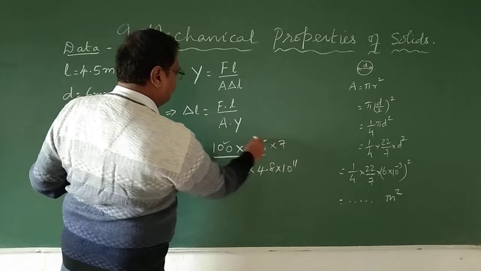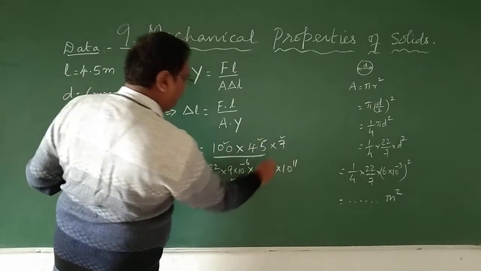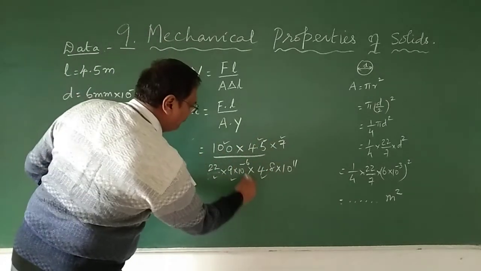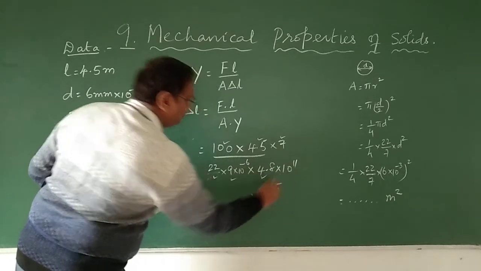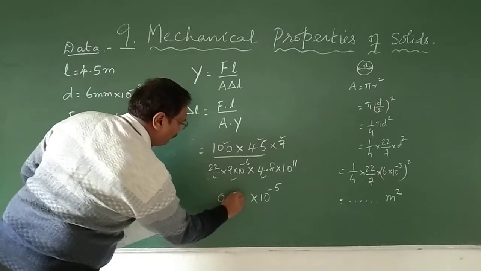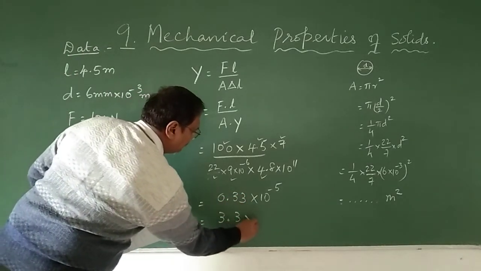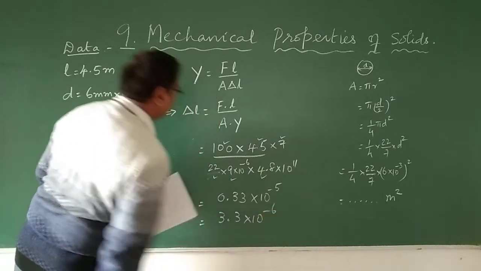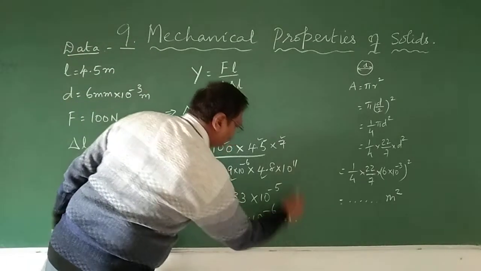You multiply these terms in the numerator, multiply these terms in the denominator, and you will have 10 power plus 5 going up, 10 power minus 5. When you solve all this, you will get 0.33, which is equal to 3.3 into 10 power minus 6. Change in length, it is meter, so meter.